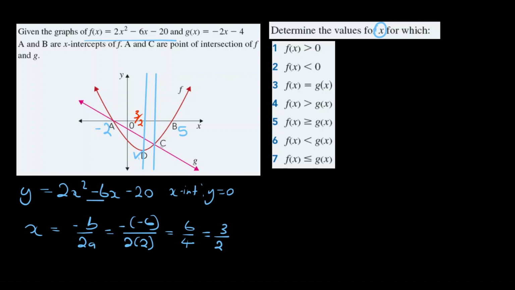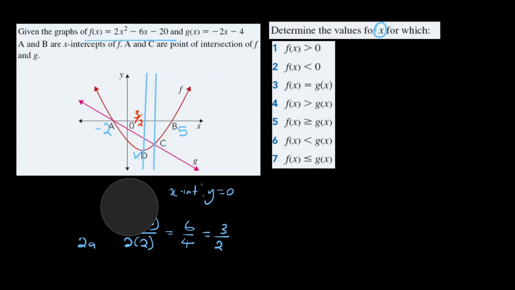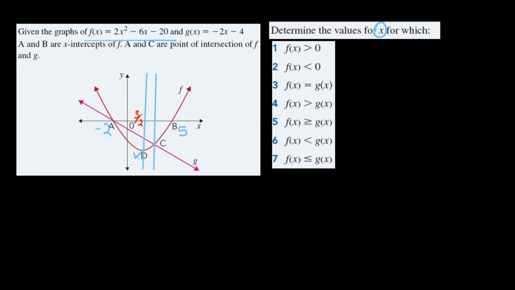We need to continue and find the x value for c. And how do you find the x value for c? The x value for c is where the graph of f and the graph of g intersect, meaning that we have to equate f of x and g of x, which will be 2x squared minus 6x minus 20 is equal to minus 2x minus 4.